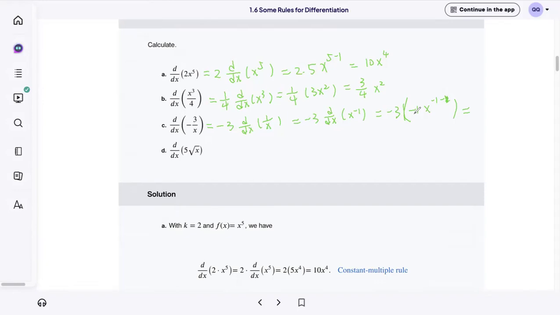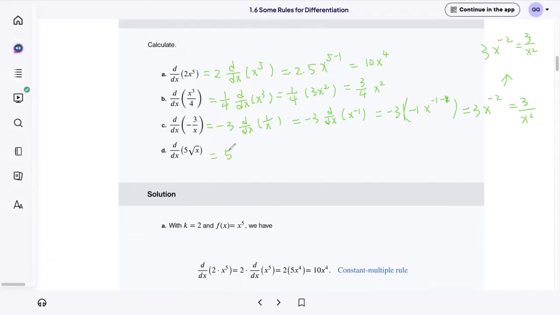So -3 times -1, that's +3. -1 minus 1, that's -2. So I can rewrite as 3/x squared. Why? Because x raised by -2 is 1/x squared. Then I multiply by 3, right?